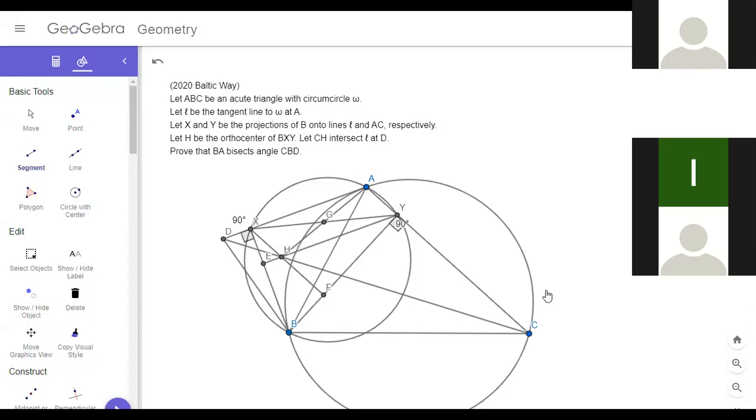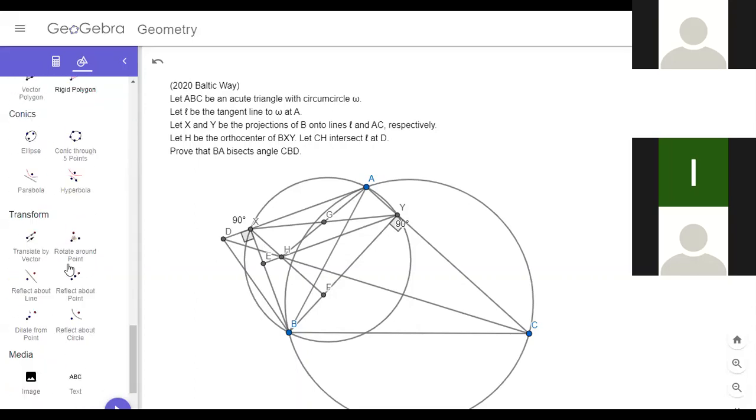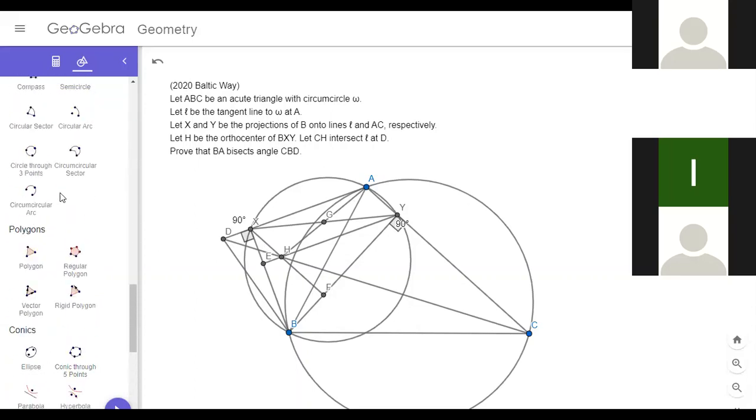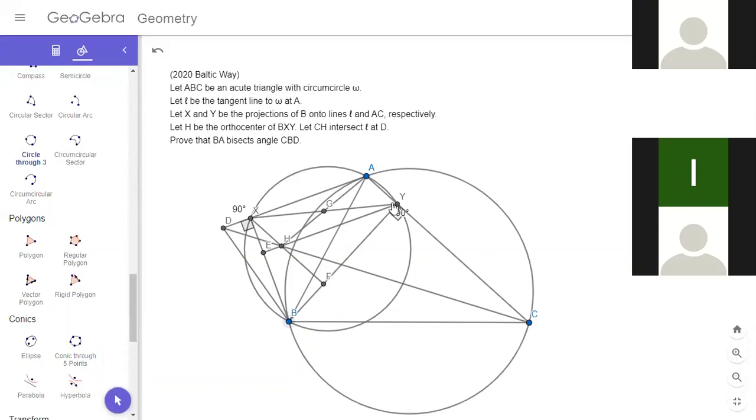So I found that XY is tangent to the circumcircle of BYC. So if I draw the circumcircle of BYC, you said? Yes, the circumcircle of BYC is tangent to XY. Interesting. Okay.